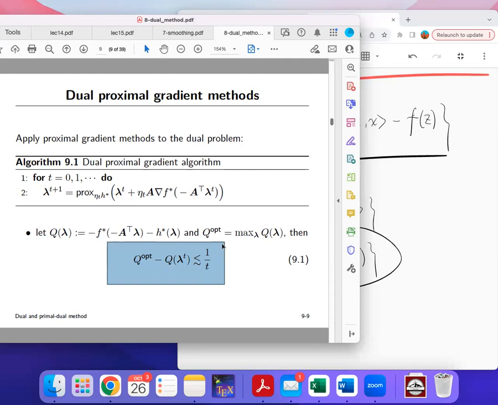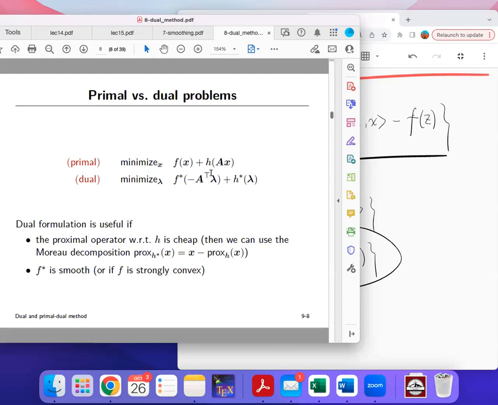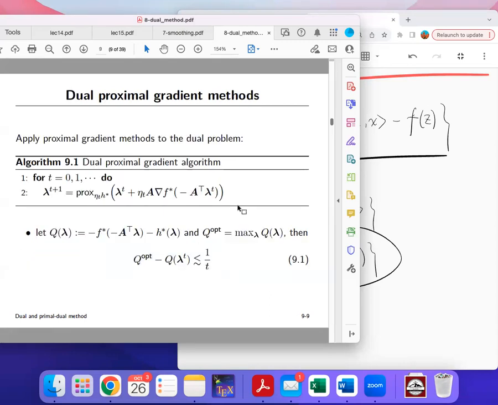Assuming that this is a convex smooth part and this is another convex part, we can apply the standard proximal gradient descent result. So this is the dual proximal gradient method, and to apply it, we just need to figure out how to compute the gradient of the conjugate function and the proximal mapping of the H star function.